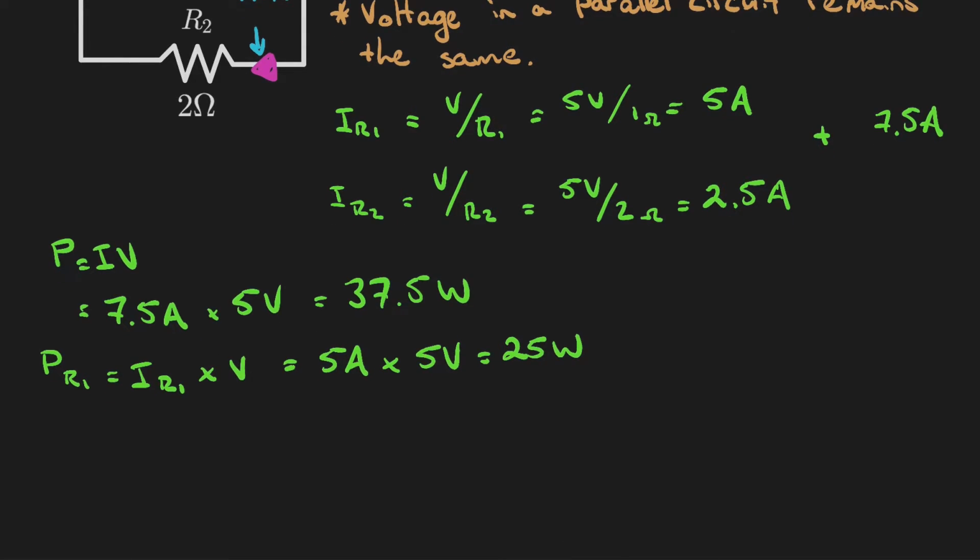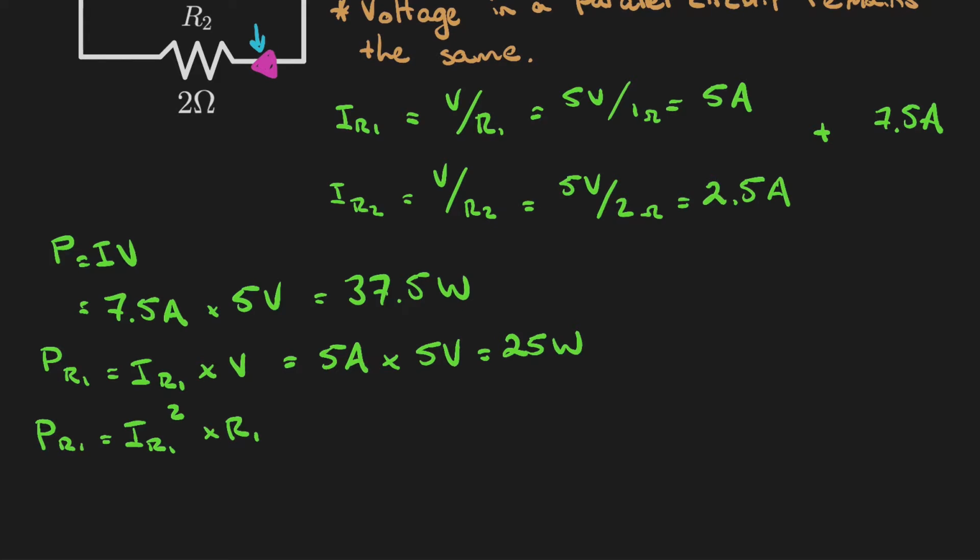Okay? Alternatively, if we wanted to use that other formula, which is P equals I squared R, right? We know what the current flowing through resistance 1 is, again, and we also know what the resistance 1 is.